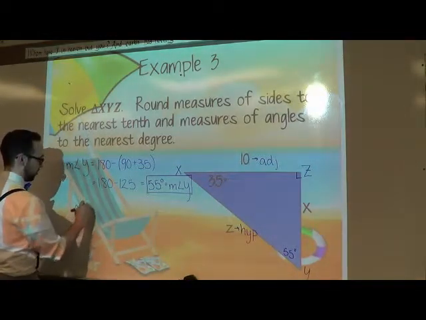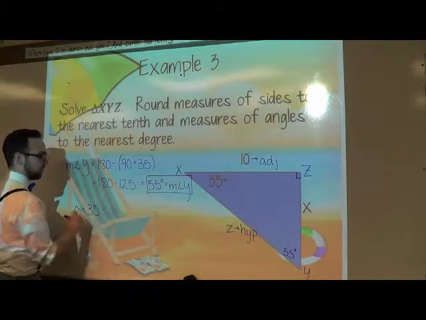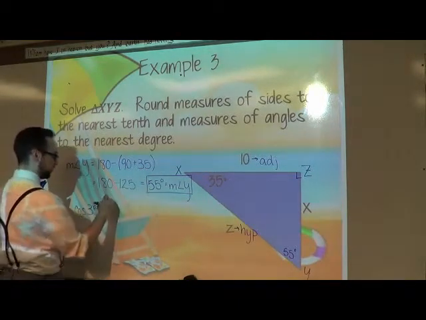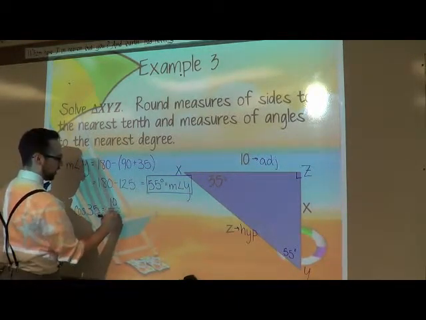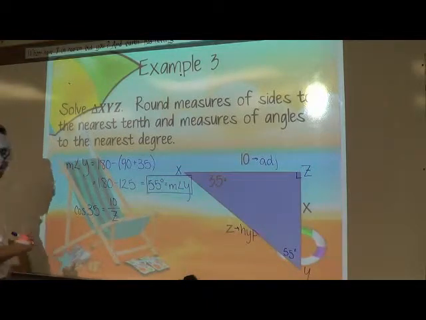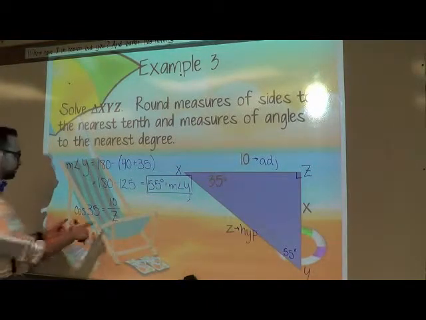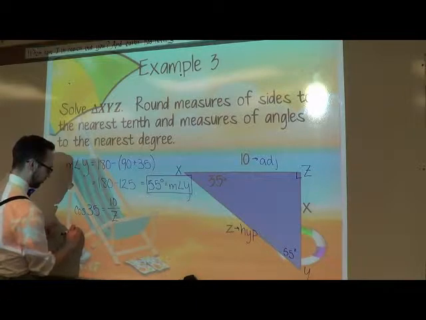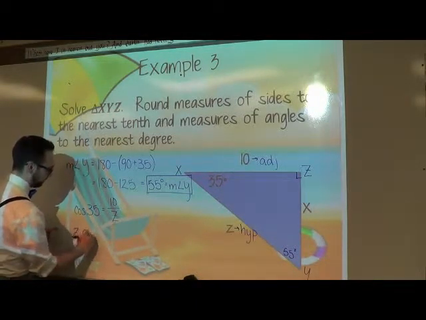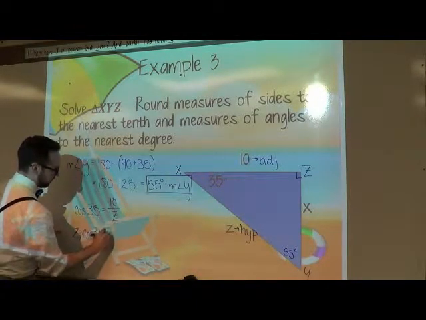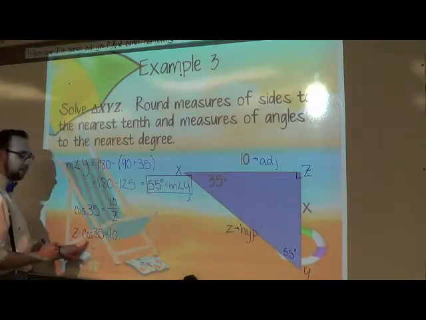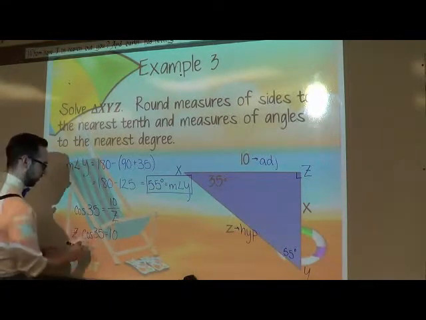So we're going to say cosine of 35 degrees is equal to the adjacent, which is 10, over the hypotenuse, which is z. Now this one we have to do a little bit more work because I have to multiply by z, so I end up with z times cosine of 35 is equal to 10. But now I have to divide by cosine of 35.